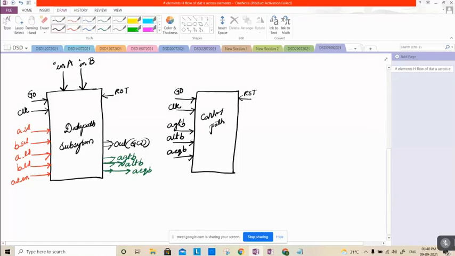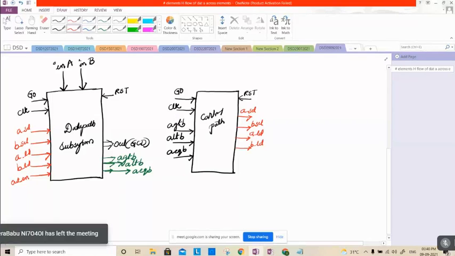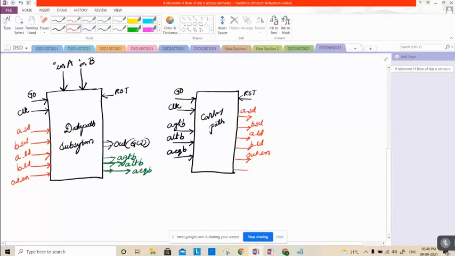The outputs of this control path are A select, B select, A load, B load, out underscore enable, and done, or end of computation. So these are the signals. Any other signals that we have missed here?